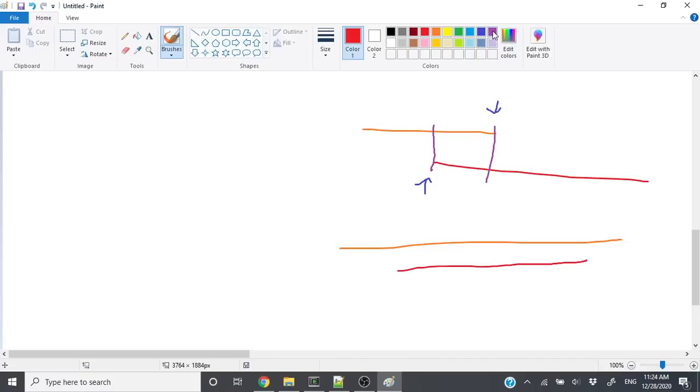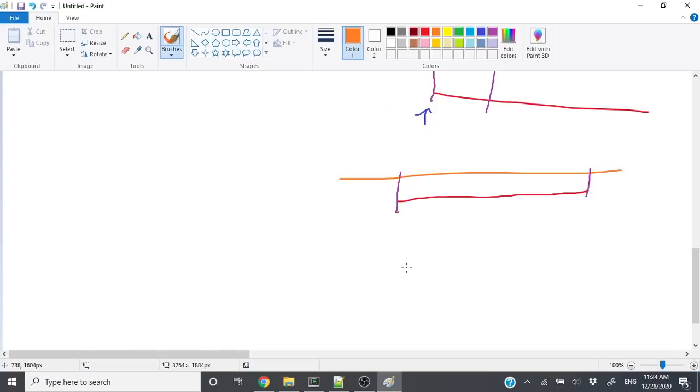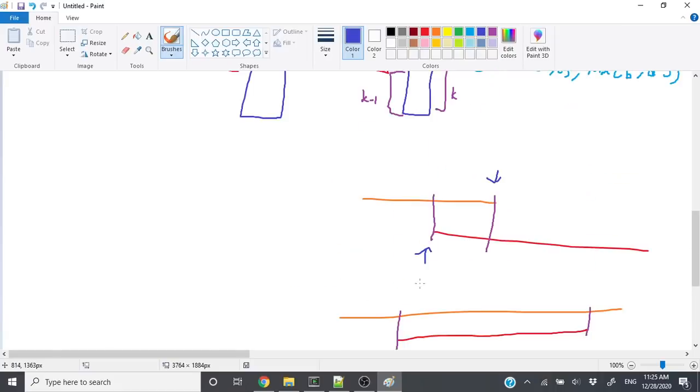For example, here the intersection would be exactly this red thing, which I drew badly. And here, this intersection would be nothing, which means the maximum left coordinate would be greater than the minimum right coordinate, so we get this degenerate interval.